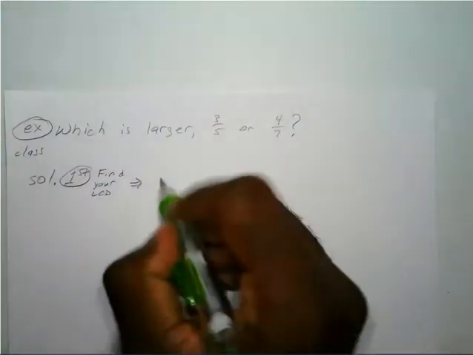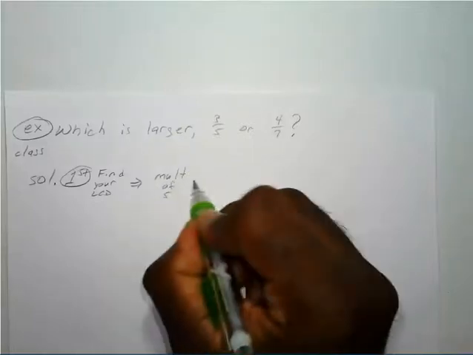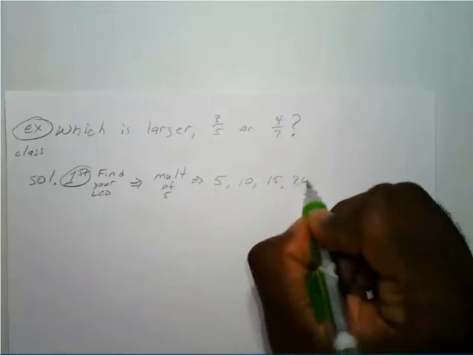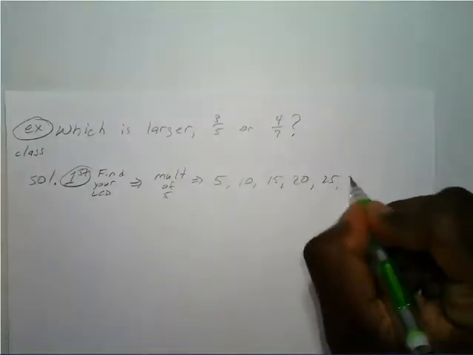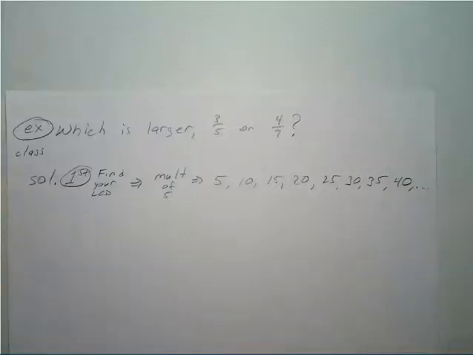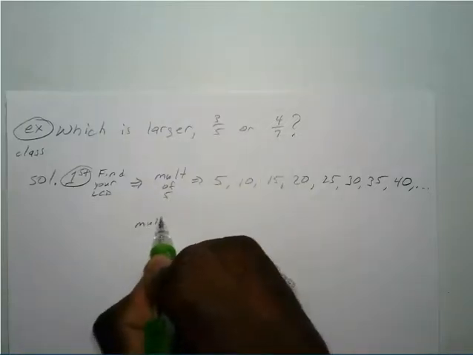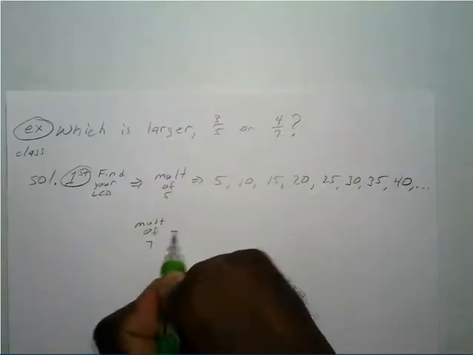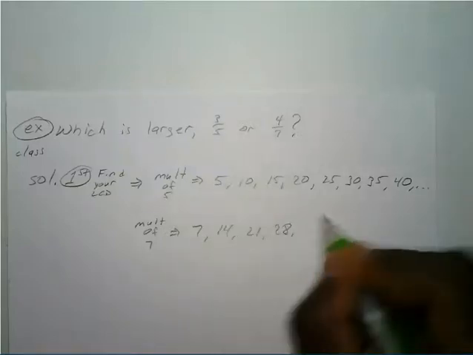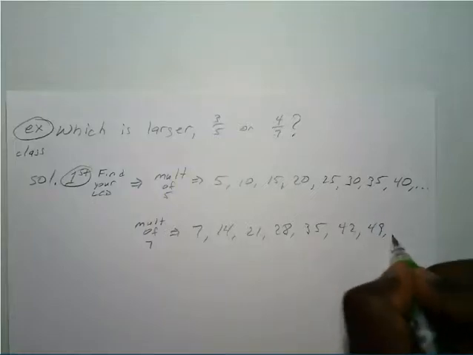But if you're not there yet, you have your multiples of 5: 5, 10, 15, 20, 25, 30, 35, 40, and it keeps on going. Then you have your multiples of 7: 7, 14, 21, 28, 35, 42, 49, and it keeps on going.